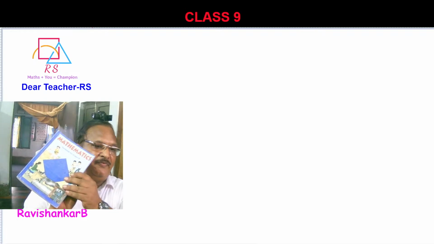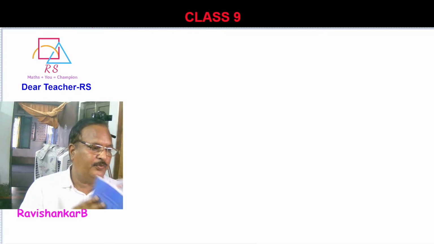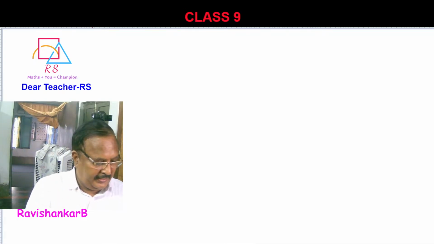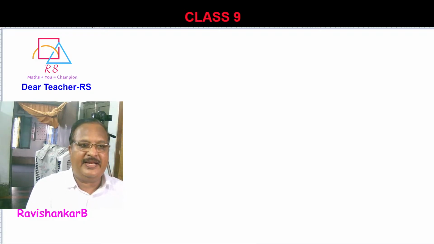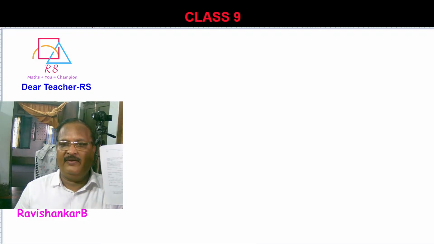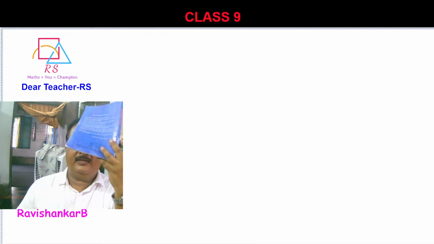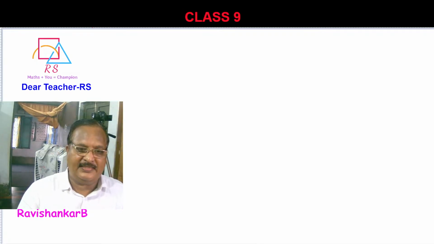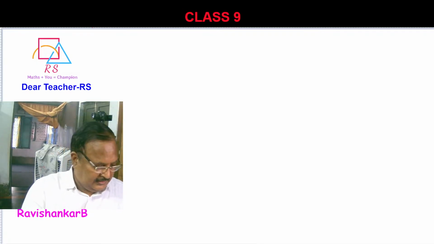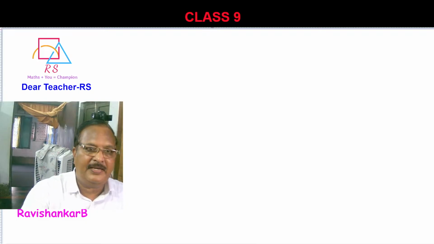So all of you must be having this type of book. I am opening the Lines and Angles chapter, exercise 6.1. If you are having the textbook, please open exercise 6.1.